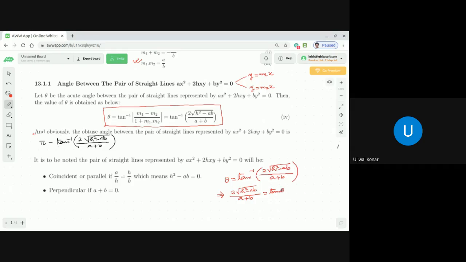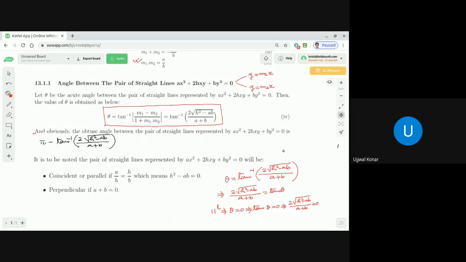Now dear students, if theta is equal to 0, then tan theta is 0. Theta equal to 0 means they are parallel. That means tan theta is 0. If tan theta is 0, then definitely 2 into square root of h square minus ab by a plus b is equal to 0.